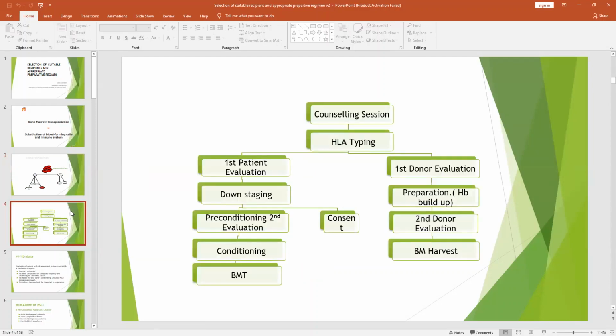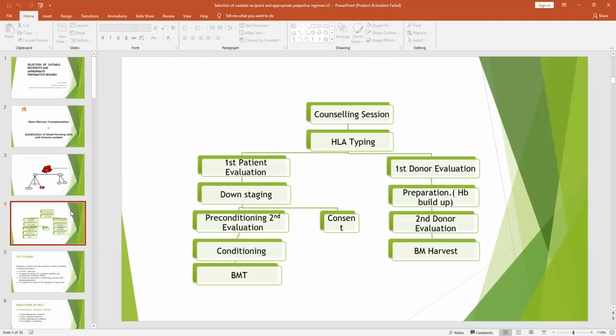And every patient who comes to the unit, every family brings their feelings, their unique experiences, their concerns, their worries about their kids. So the first session is about their counseling.